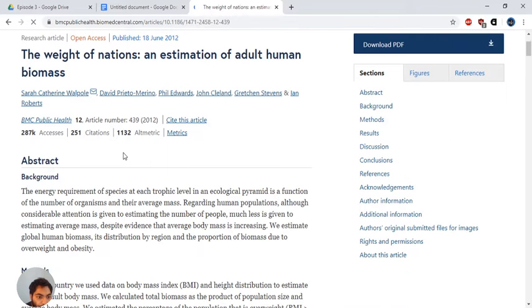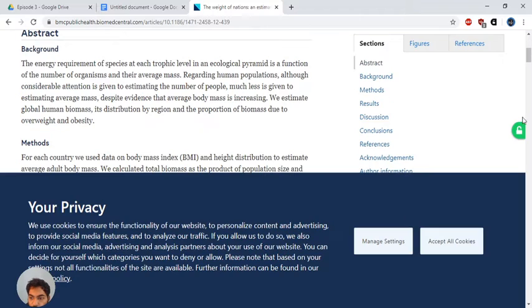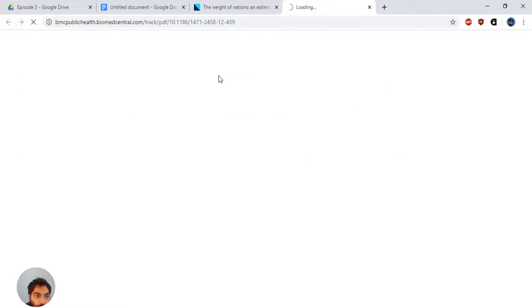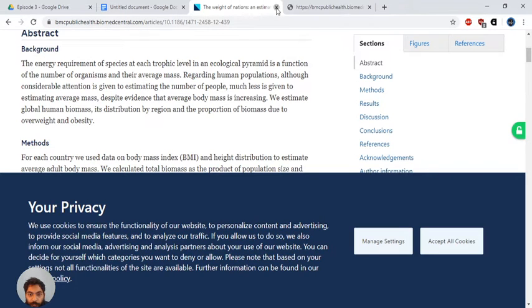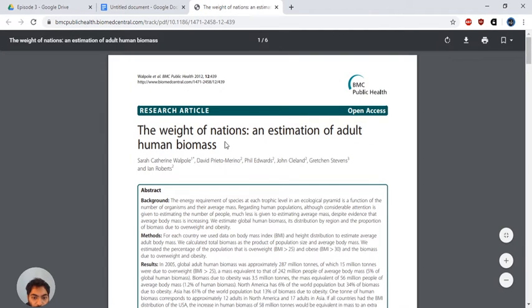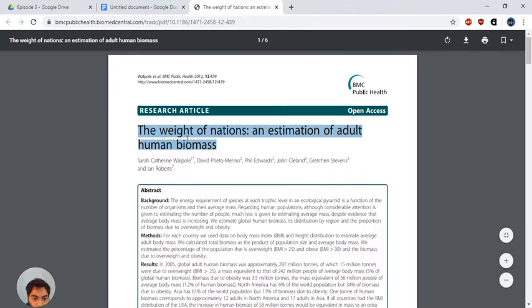Don't quote Wikipedia, quote the sources of Wikipedia. The weight of nations and estimated biomass. Boom.